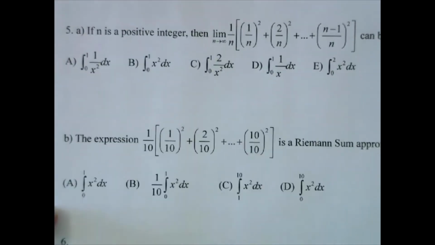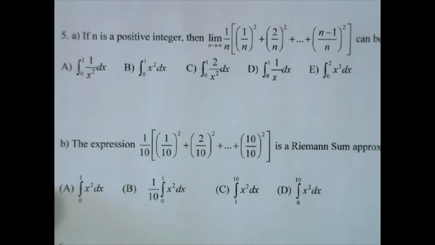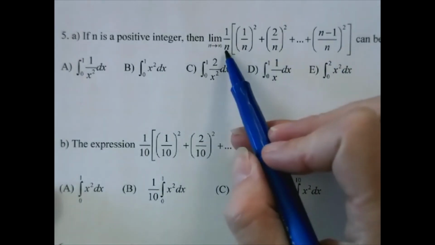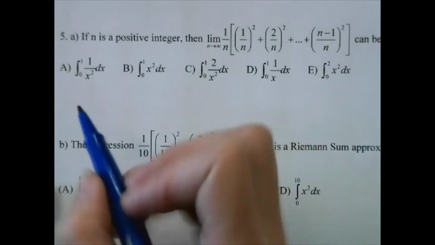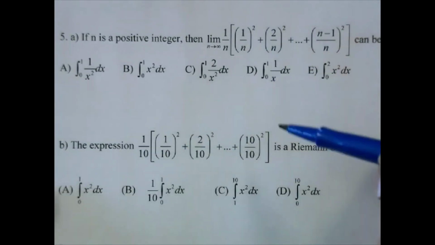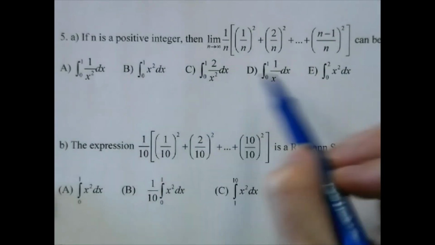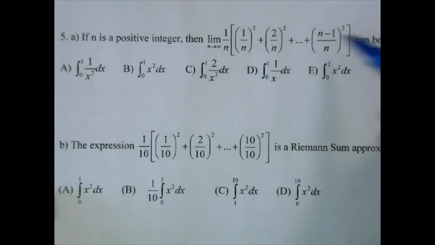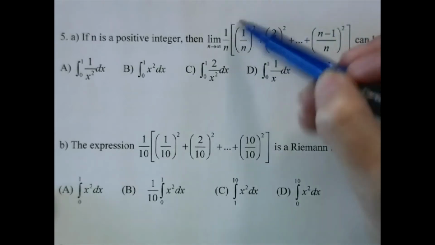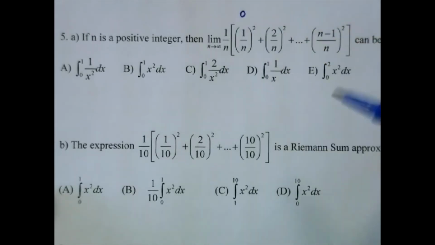Okay, here's another one. Again, just understanding that this is a Riemann sum, that we have a width and the different heights. So we have some function. To get the bounds, you want to look at the limit as this goes to infinity and the limit as this goes to infinity. So as this goes to infinity, that's going to be 0.